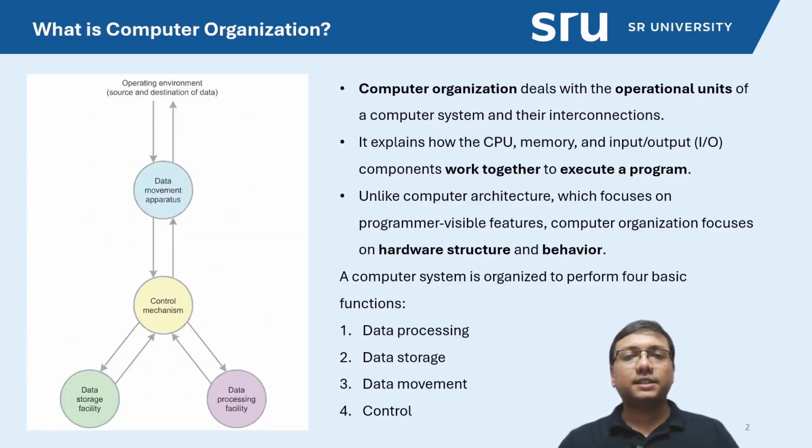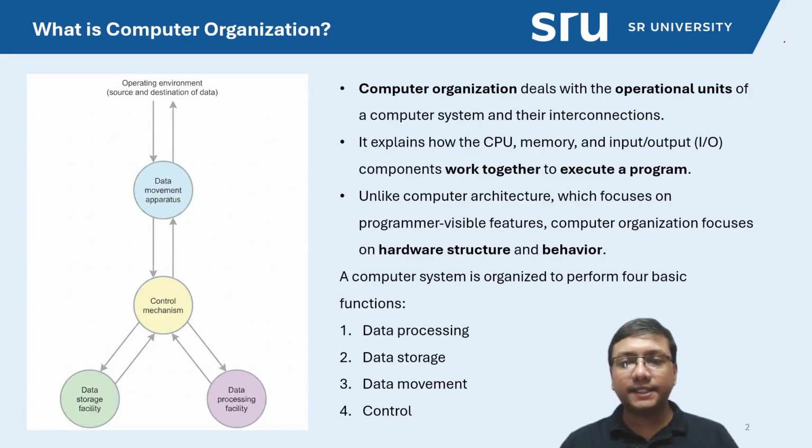So the first question is, what is computer organization? Normally we hear the two terms, computer organization and computer architecture. So let us discuss what the differences between them are.